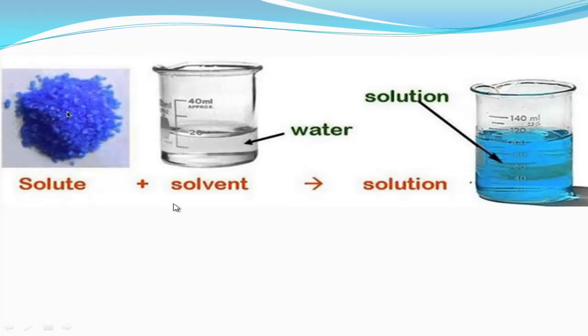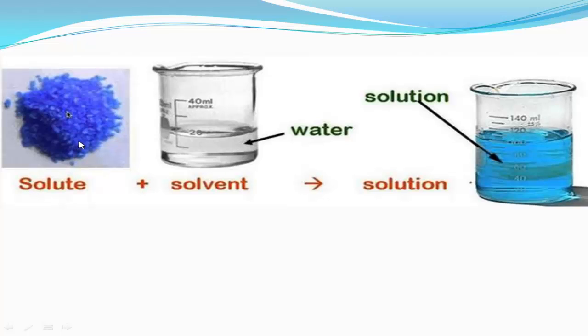In standard 6, you gathered knowledge about solution. Here I am reviewing the solution. You know that in a solution there are 2 parts, solute and solvent. Solute and solvent mixing together form a solution, isn't it?